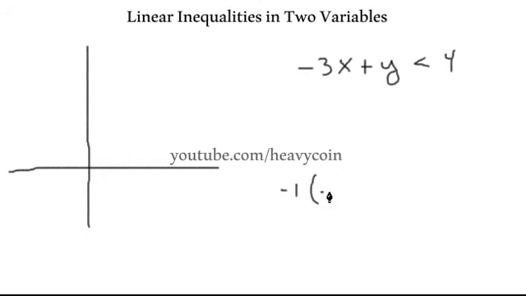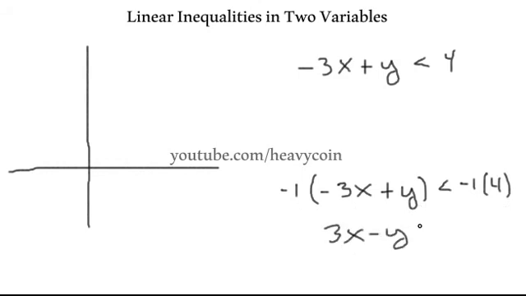So we multiply both sides by -1, and that makes it 3x minus y is greater than, so we flip the sign, and then this becomes -4. So we have it now in the standard form.